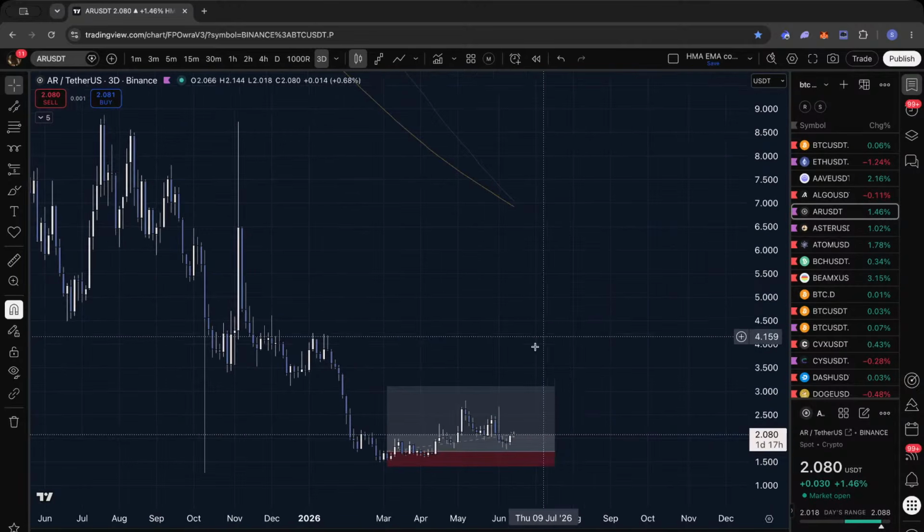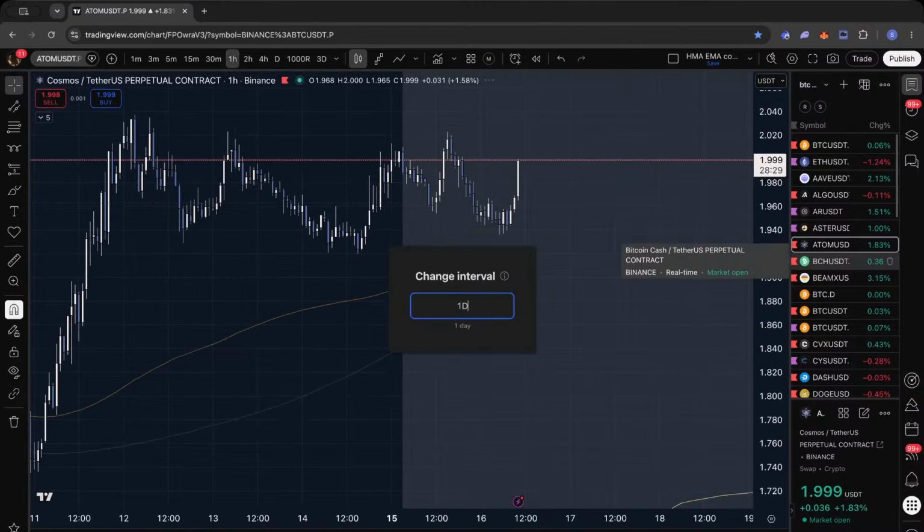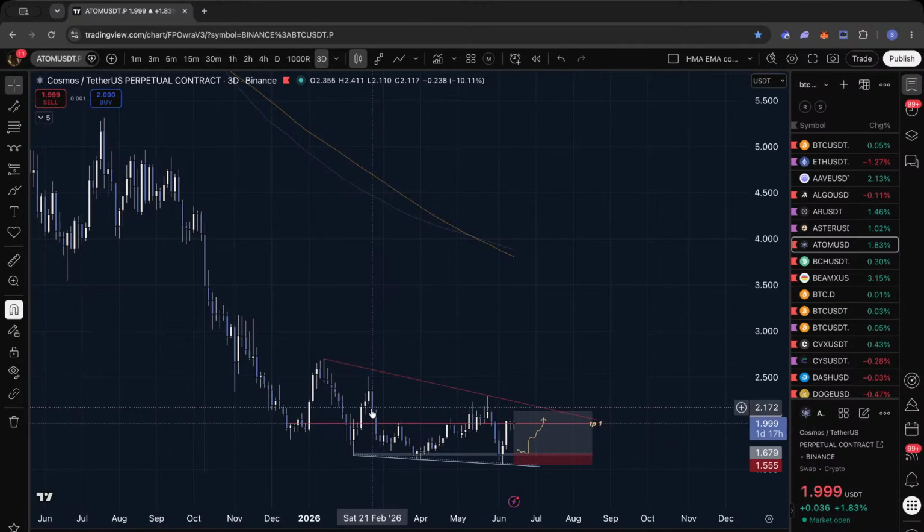AR, it's in a never-ending range. Atom, I did post a potential long trade here, which I'm waiting for. We have a clear 3 drives, which is actually confirming this range, reclaim of this range's lows. But at the same time, the market is making lower lows and lower highs.